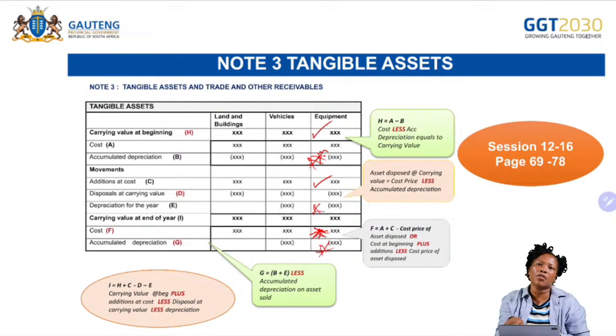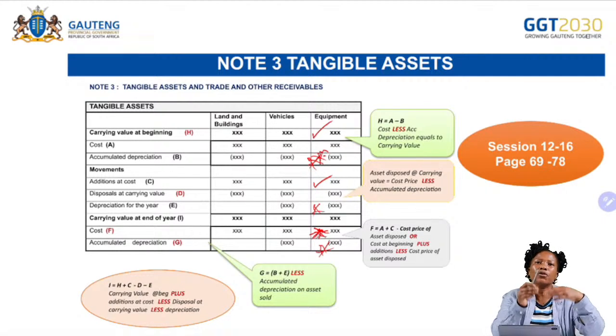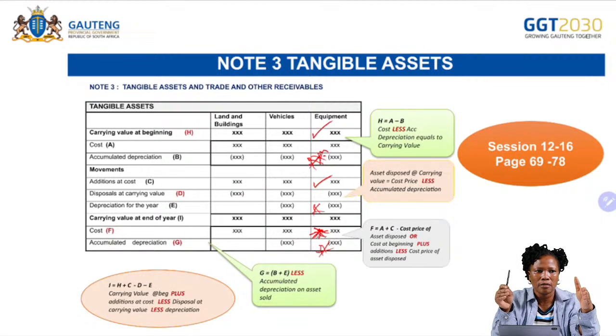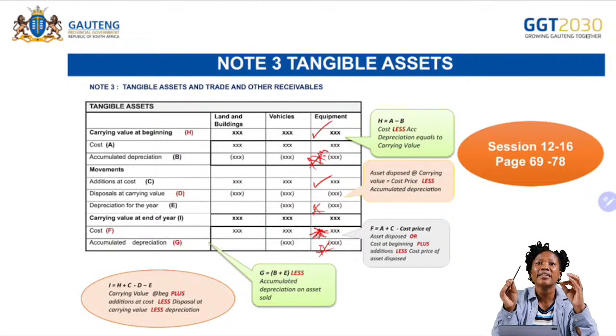And remember also there's disposals in this section. If you are dealing with disposal, I want you to check under the movements. Line number 2, that is your D, the disposal at carrying value. If you are selling an asset, remember in this part of your movements, you will only reflect the disposal at carrying value.